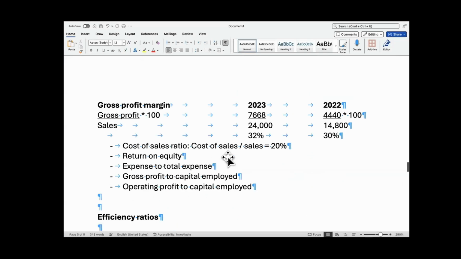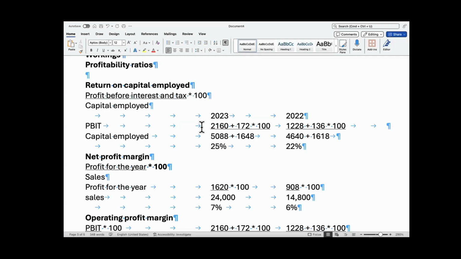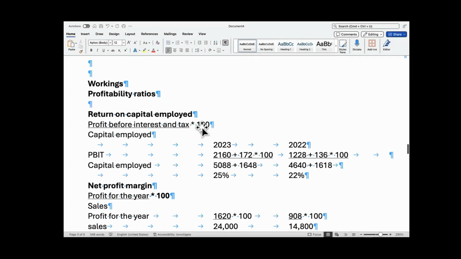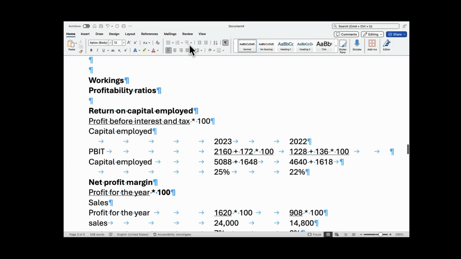Because of the 12 marks they are giving you in A part, what gives you the major part of the mark is not these ratios, it is really the analysis. I intentionally went through it with you today as revision to see how these ratios are computed.